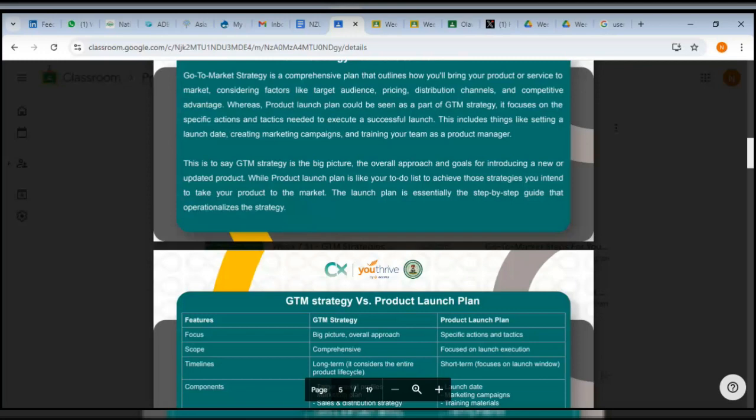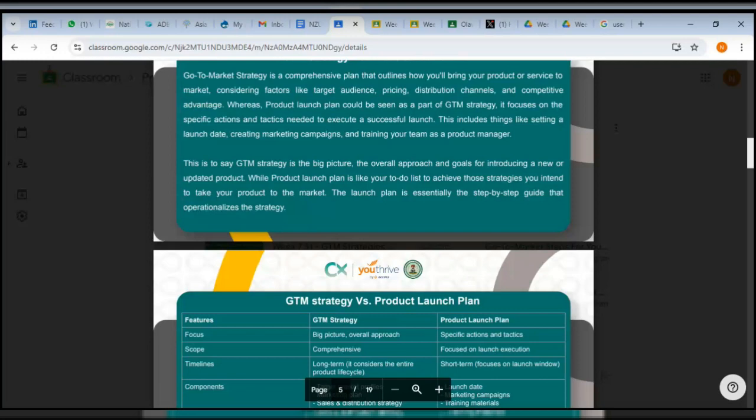So again, your launch plan is what you do within your product to prepare it for the market, and your go-to-market strategy is the bigger picture of what you do to prepare the market for your product. So whatever you're doing to prepare your product for the market would definitely flow into what you're doing to prepare the market for your product.